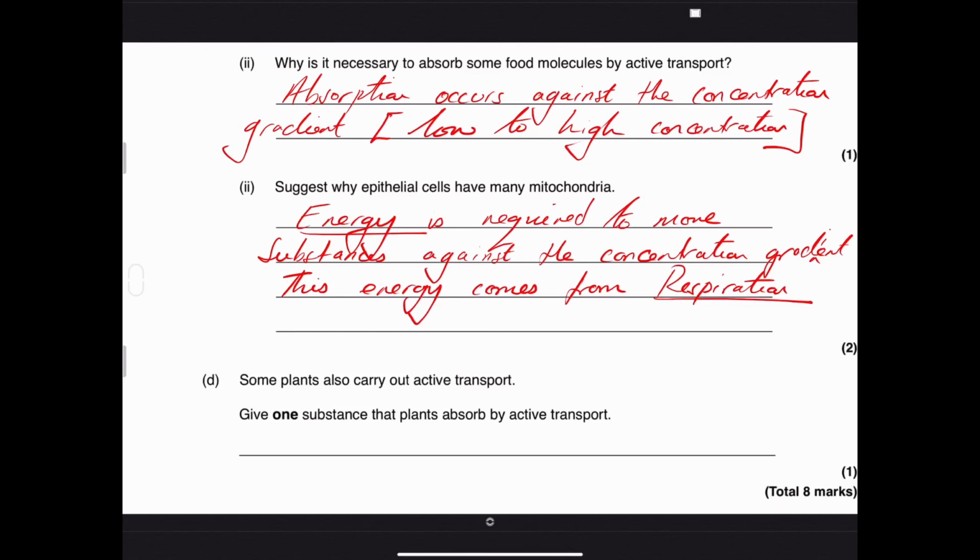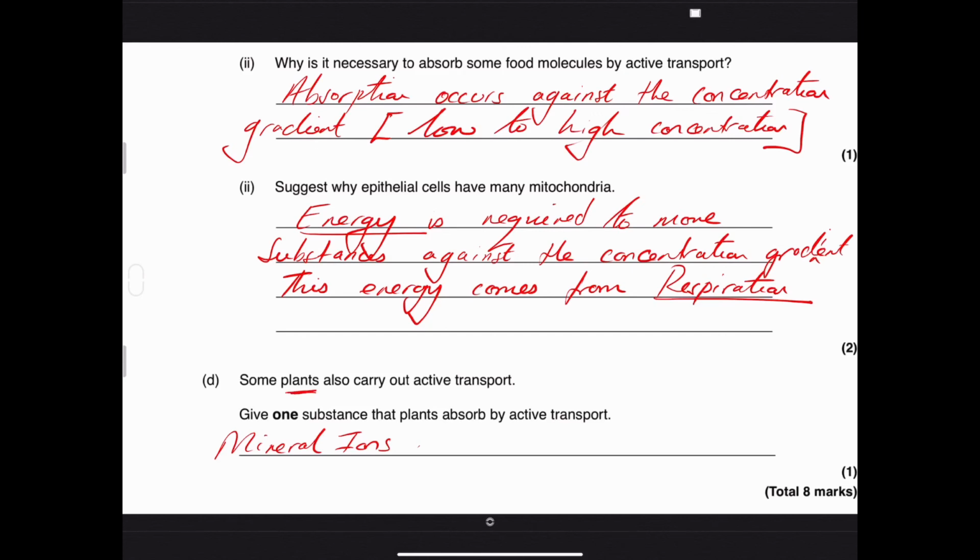It says here some plants also carry out active transport. Give one substance that plants absorb by active transport. You can say ions or mineral ions. Mineral ions is an answer you can give. It's a 1 mark answer there. Remember, do not say water. Water is by osmosis, and you will not get the mark if you put water down. Some students do put water down because they see the word plants here.